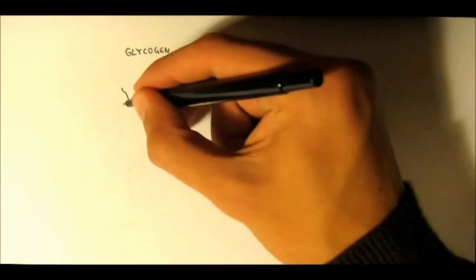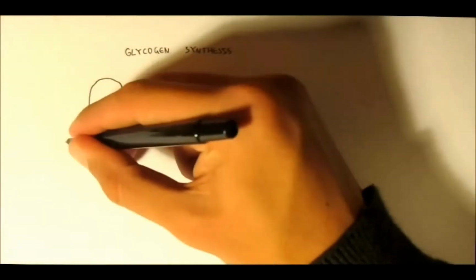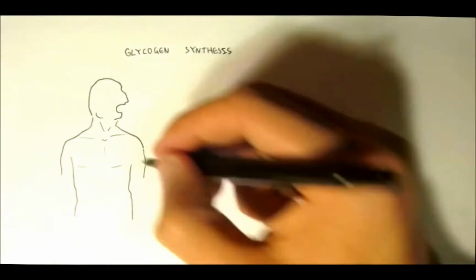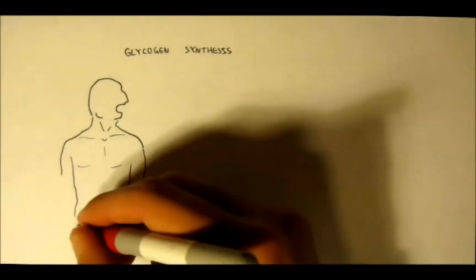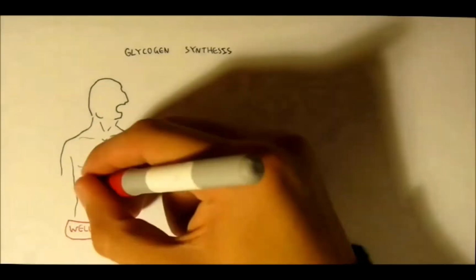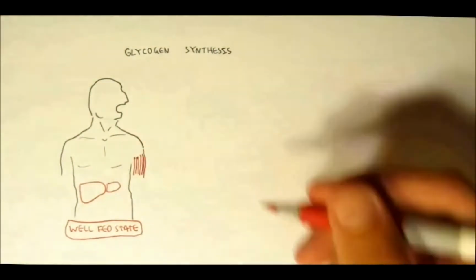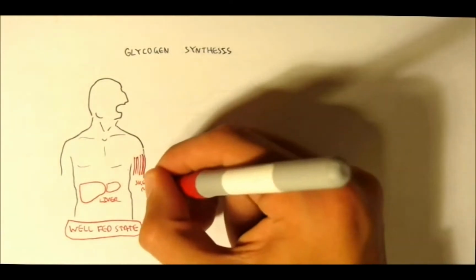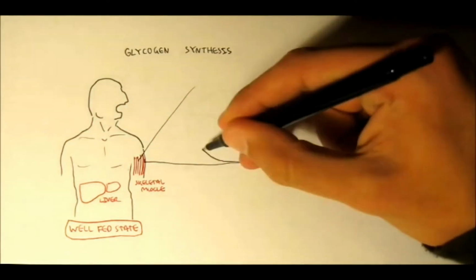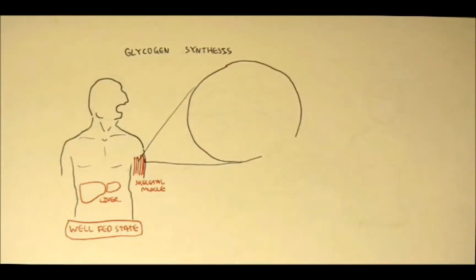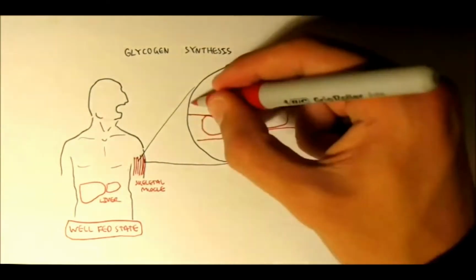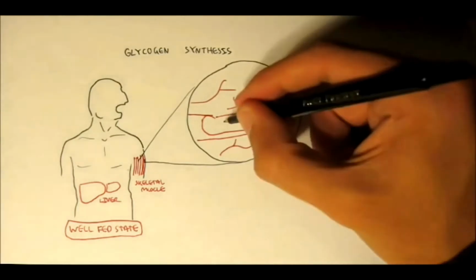Okay, so if you imagine you eat a lot of food, carbohydrates, bread, you consume a lot of glucose, and you are in a fed state. Now, the main organs for glycogen synthesis are the liver and the skeletal muscle. If we look at this individual who is in the fed state and look at what's inside his blood, we can see that he has many glucose molecules.